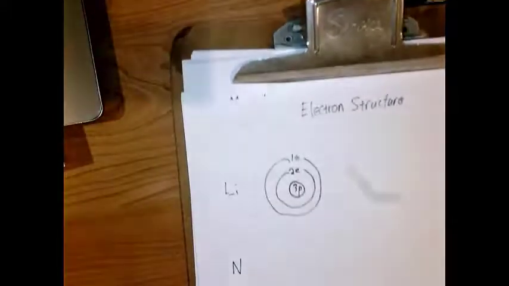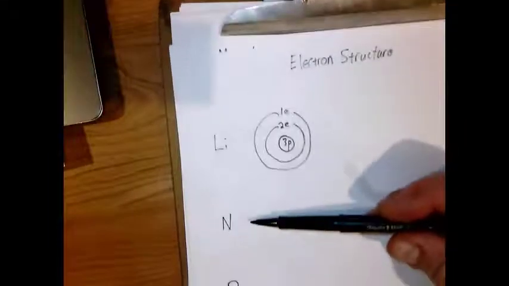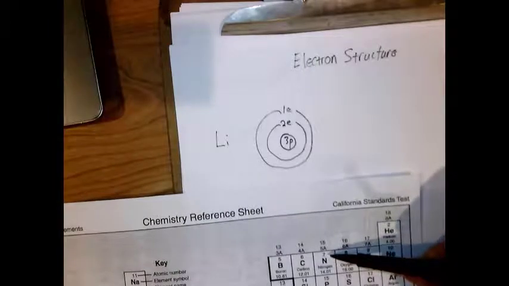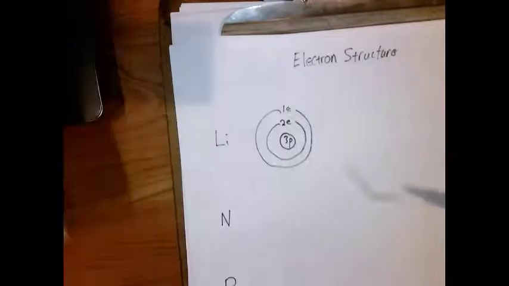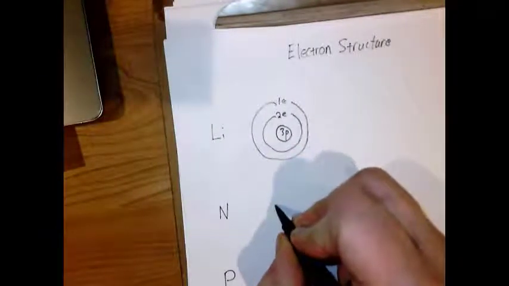So let's try another example. Nitrogen. So look at the periodic table. Nitrogen's got 7 electrons. Whoops. 7 electrons here. We know there's going to be 7 protons.